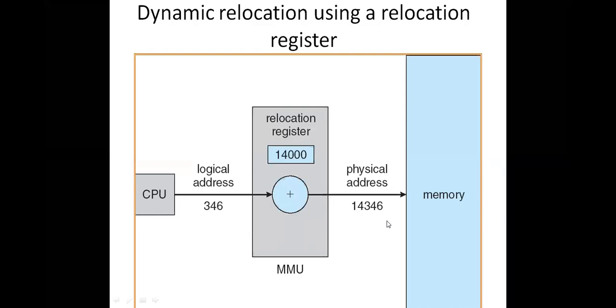So 1000 is added to 50, and we get 1050. That is the actual physical address; the other is the logical or virtual address.